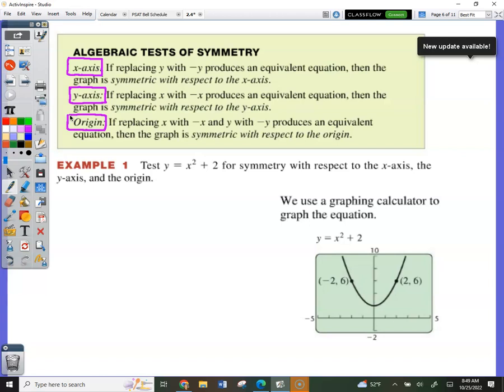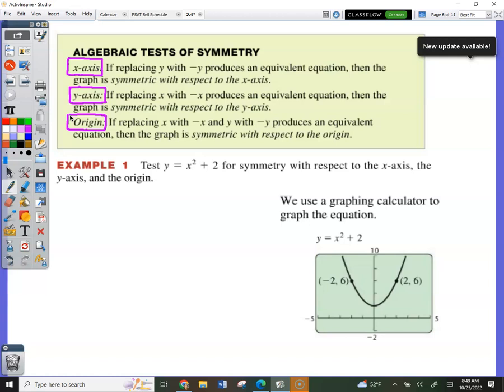To determine if a function is symmetrical over the x-axis, if you think about it, the x runs this way. That means it's flipping up or down, which means what's changing? The y is changing. To determine it algebraically, without looking at the graph, without graphing it, you simply replace y with negative y, and you see if what you get is the same function than what you started with.